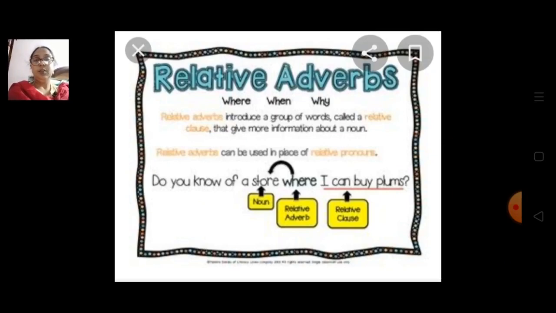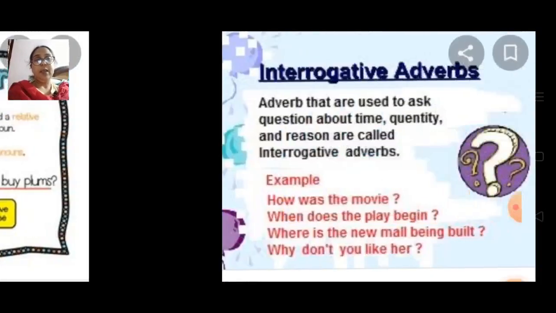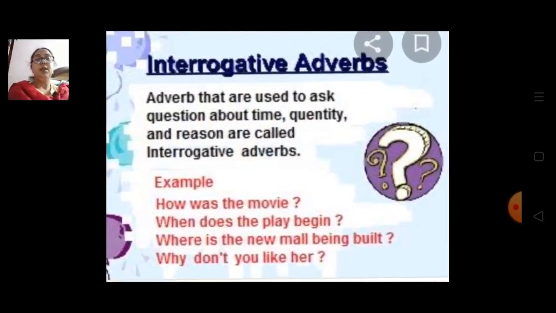Now we are moving to the next kind of adverbs, that is interrogative adverbs. Interrogative means, as you all know, question framing words. As you have seen in interrogative pronouns and interrogative adjectives, similarly we can see in the adverb also.